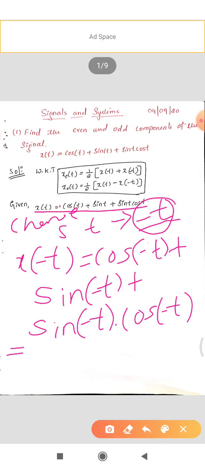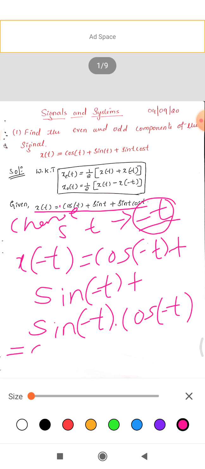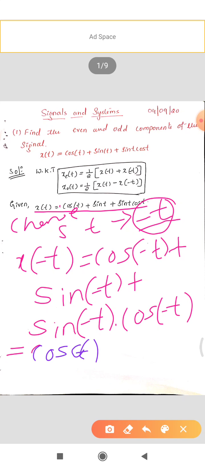What is the value of cos of minus t? Cos of minus theta is cos theta, so that is cos t. The first factor is cos t. Sine of minus theta is minus sine theta, so sine of minus t is minus sine t. Next, what about this? Here it is plus sine minus theta cos minus theta.